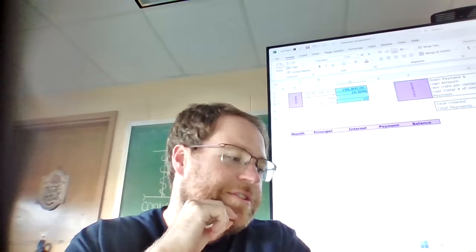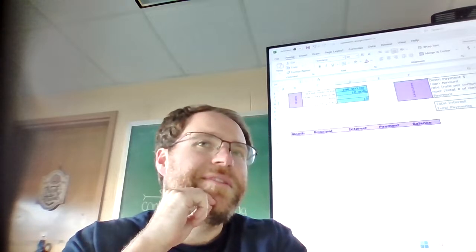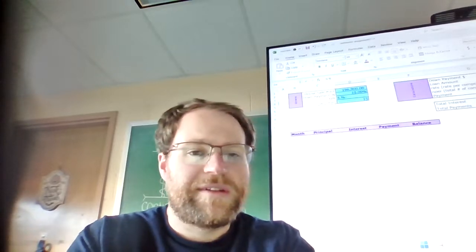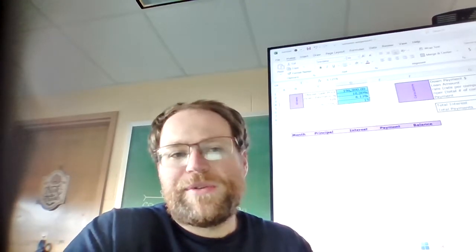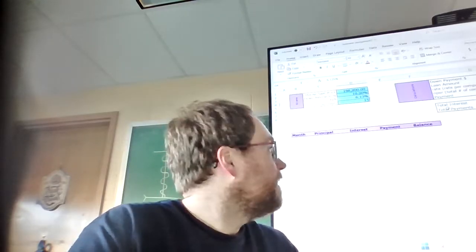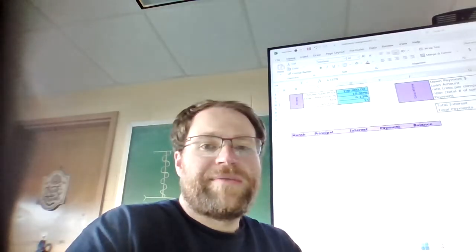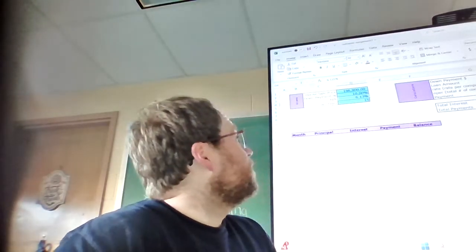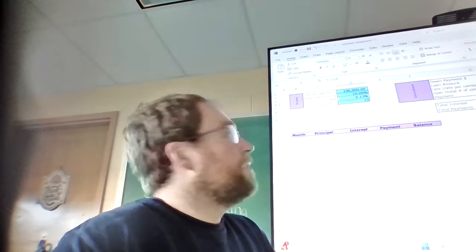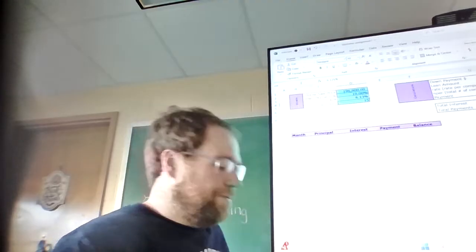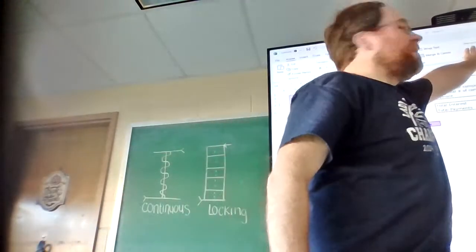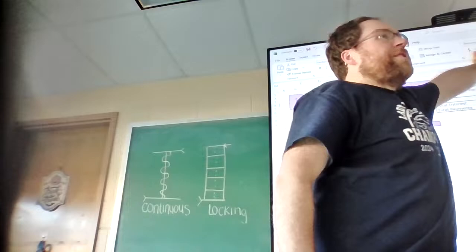Yep, the 15-year APR. 6.125%. Now, when you type that in, Excel may round it to a certain digit. If you want to, you can add more digits by going to the increase decimal button, which is up here on the screen.